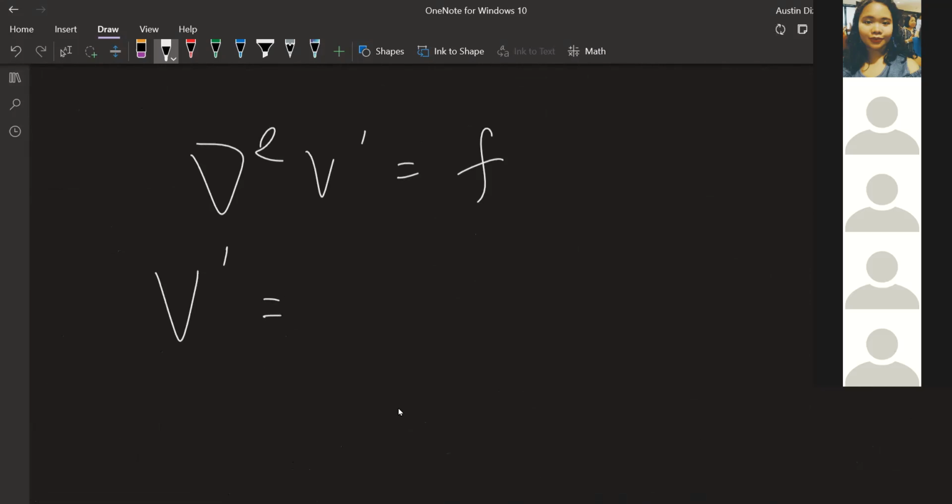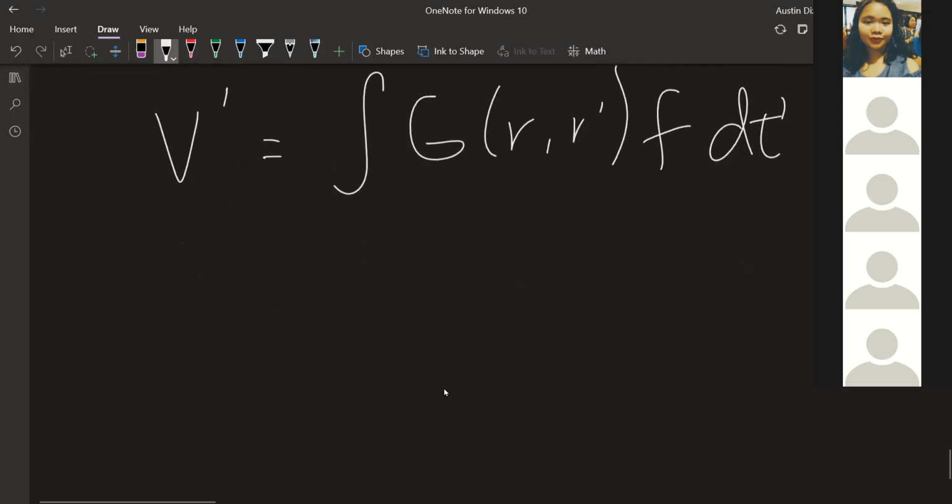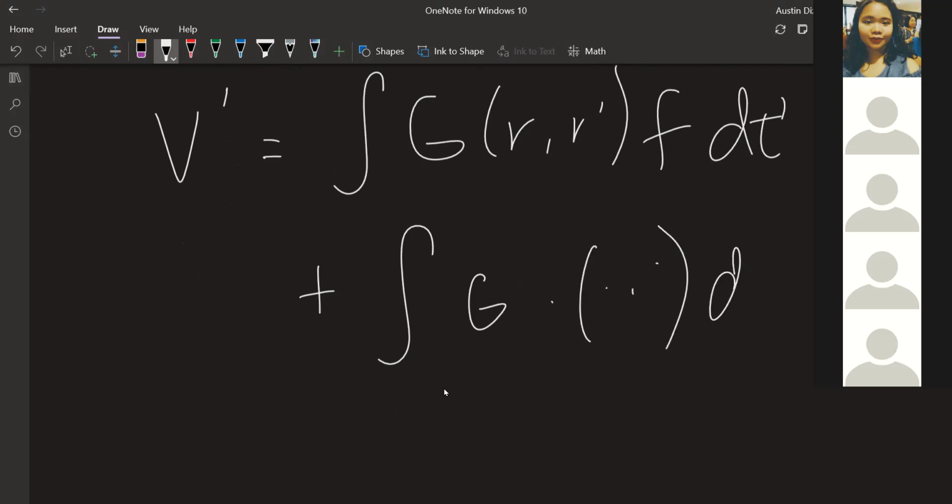The general solution would be, of course, the integral of some Green's function, R prime. Then, yung right-hand side, integrated over the volume. Then, you have some plus, okay? And some integral of the Green's function times something over the area.